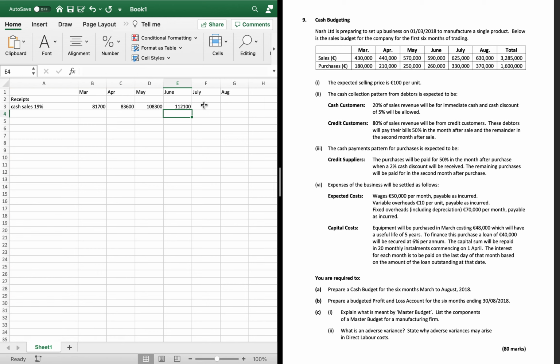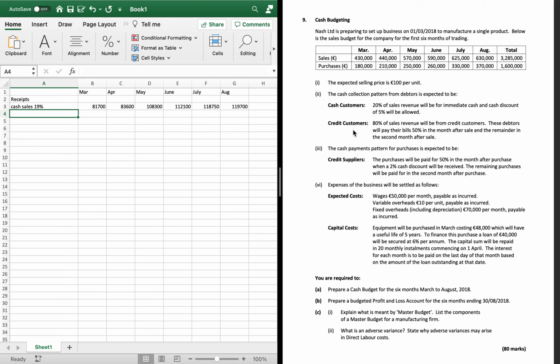For July, 19% of 625 is 118.75. And then 19% of August 630 is 119.7. That's my cash sales.